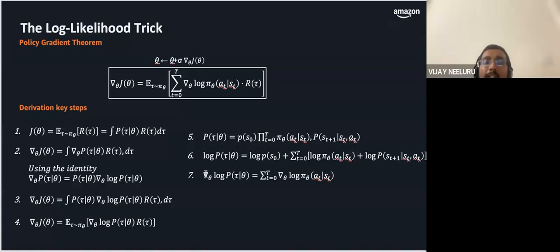Then we take the gradient of the log probability of the trajectory. Once you apply the gradient, the first and third terms vanish and only the second term remains. We take the output of the seventh equation and substitute it into equation 4, and we get the corresponding gradient equation.